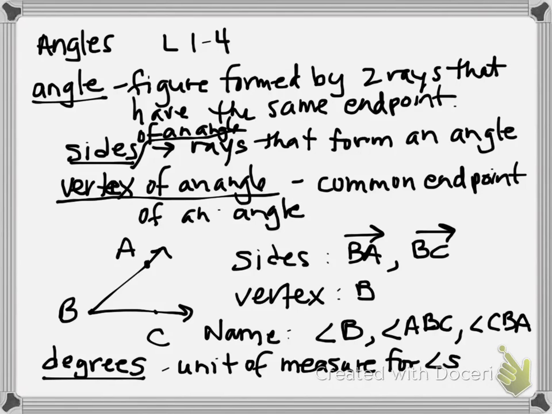And does anyone know what the symbol looks like? You saw it on last night's homework. Aiden, you remember? Yeah. It's an open circle high up. Okay, so that's the degree symbol that we use. We don't write out the word.